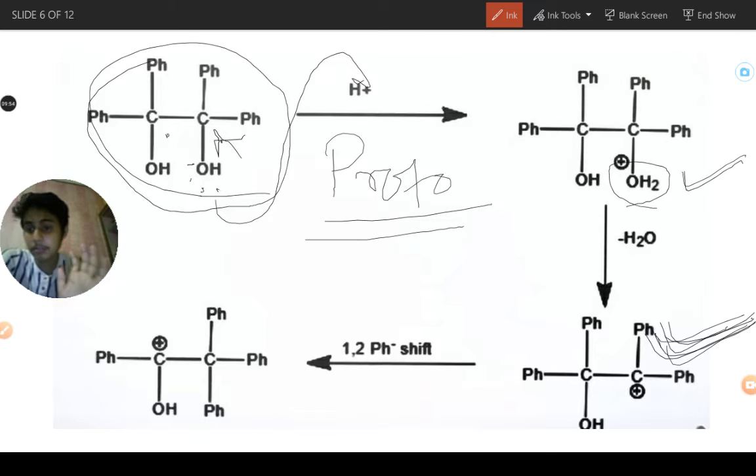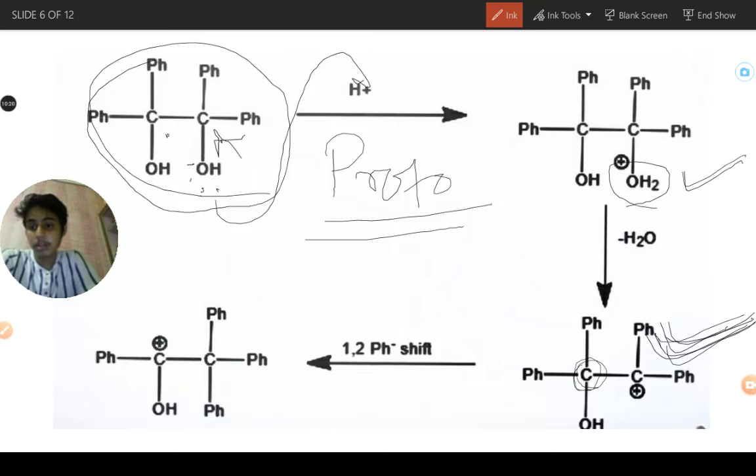Hydrogen removal is most required in protonation, so protonation will occur where removal is easier, but the carbocation searches for the most stable place where it can stabilize itself, meaning at the plus M effect. Here it can find more plus M effect.